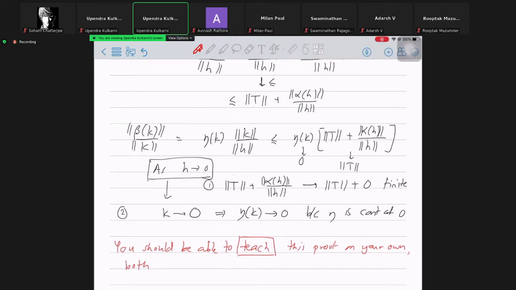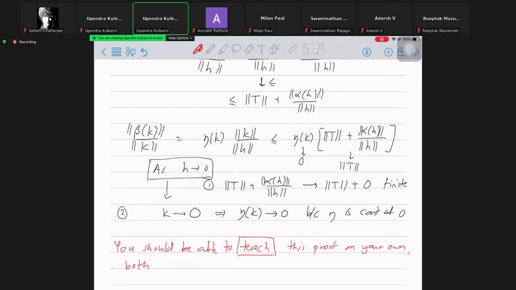That means that you should be able to give the big picture, that is, what is the heuristics. The heuristics is really not very different from what we saw yesterday. This small thing about ratios, delta z by delta x is delta z by delta y times delta y by delta x, and then using the continuity of the first function. So both the big picture idea and exactly how this big picture idea is translated down to the last detail.